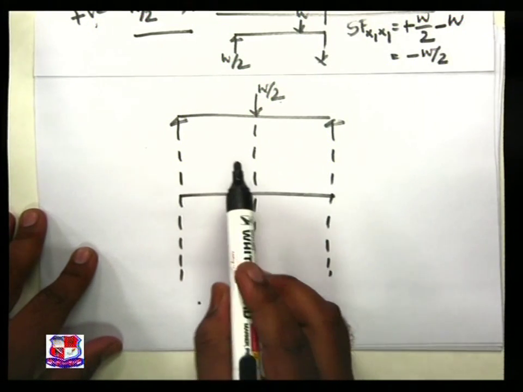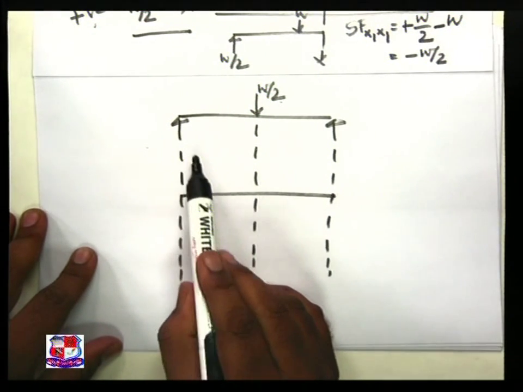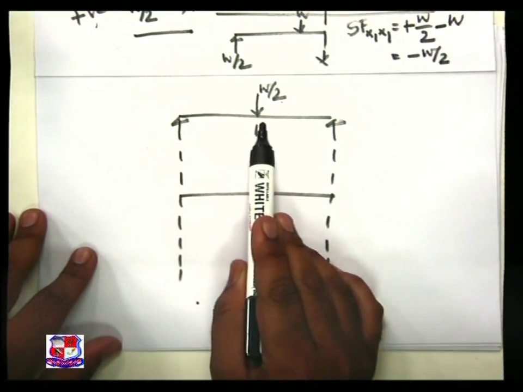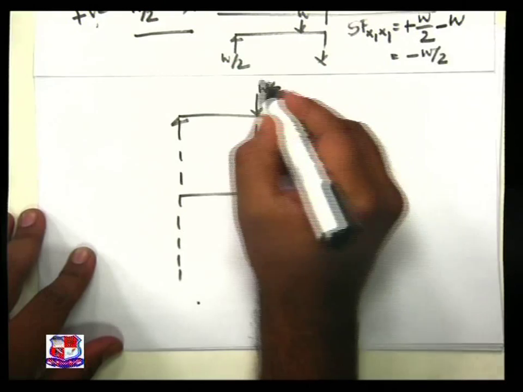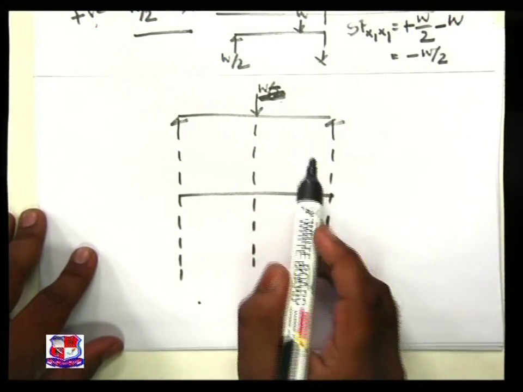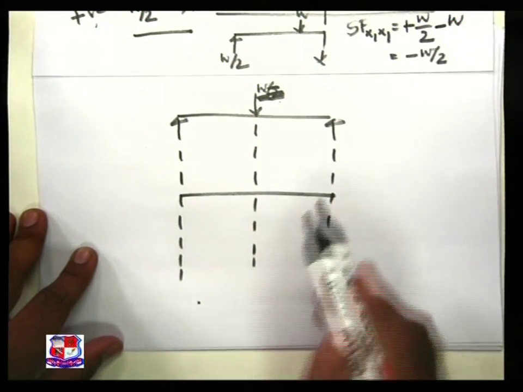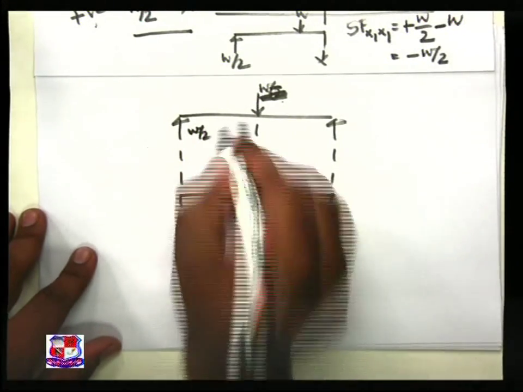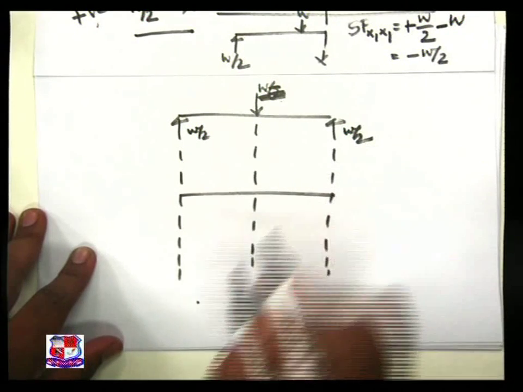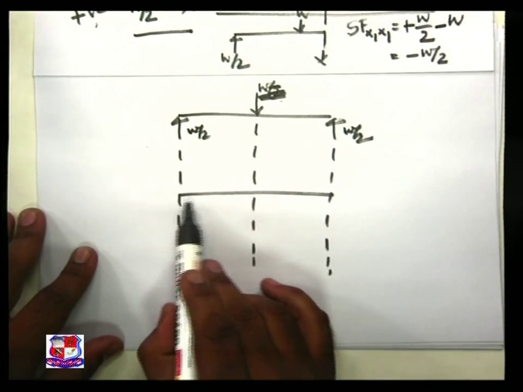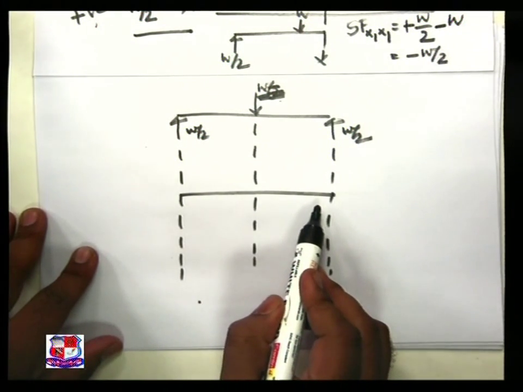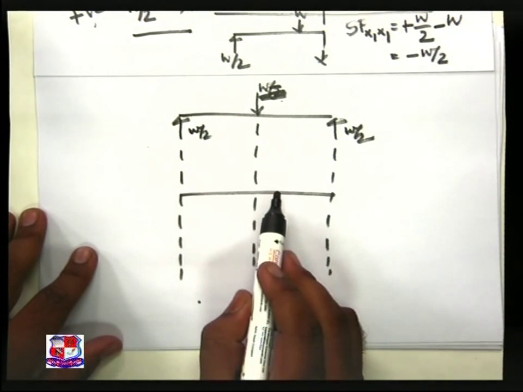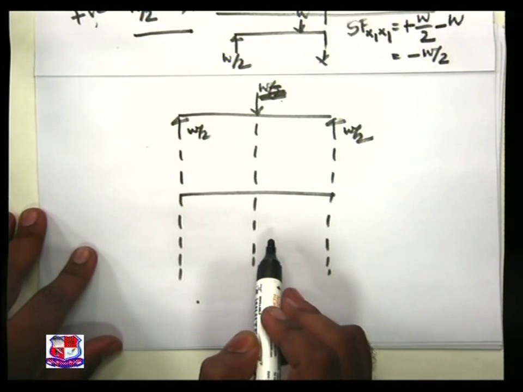So what I did, reaction, after that I draw a dotted line. Load is there only single, it's not W by 2, sorry, it is W itself, dotted line, and the reaction, dotted line. The value of reaction is W by 2. This line is known as the baseline. All the positive values are shown above the baseline, all the negative values below the baseline.